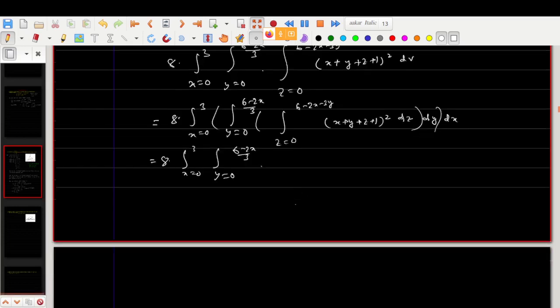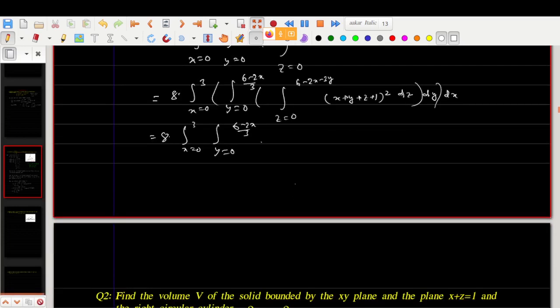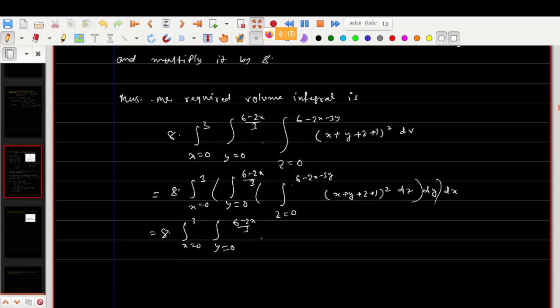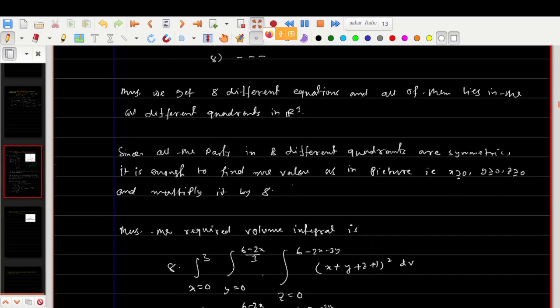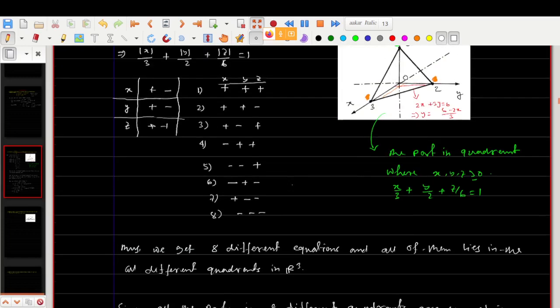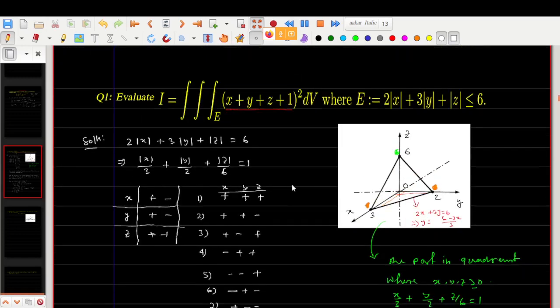For simplicity, let me make it only the linear term, because I don't want to go for heavy calculation.